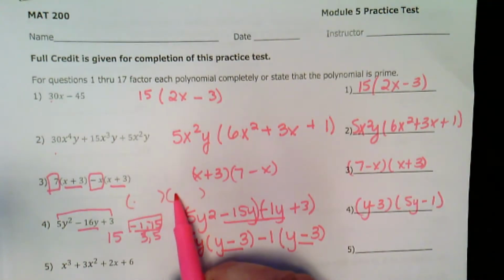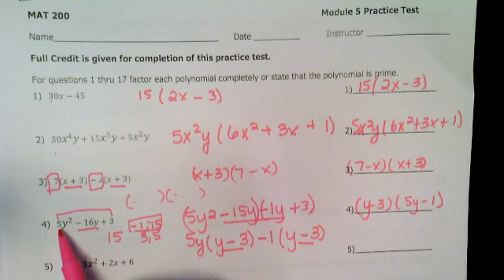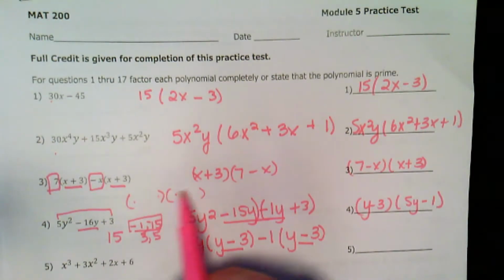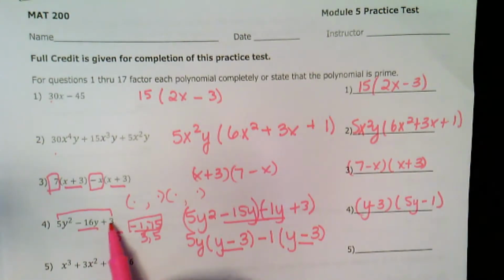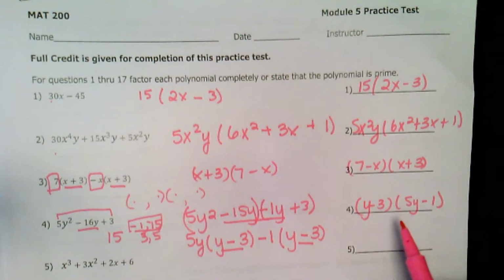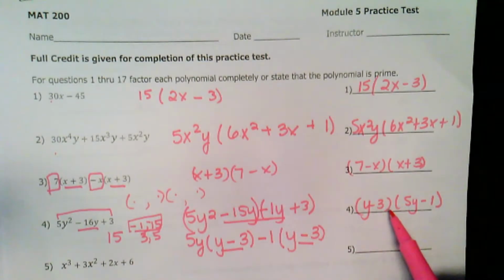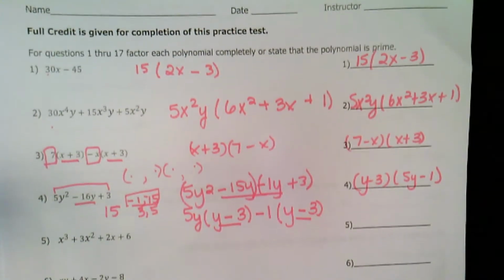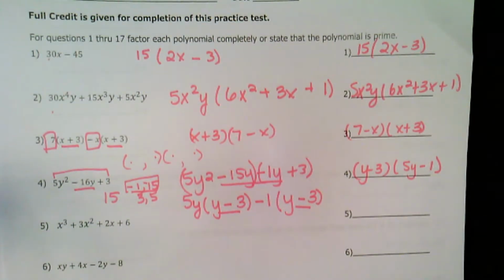You know that the first numbers in those parentheses will equal 5y squared, so you can either write 5y and y, or y and 5y, and then you know your last term here has to multiply together to give you 3, so you're either going to write 1 or 3, or 3 or 1, and then the right combination, you'll have to FOIL it to make sure that you get the correct answer, because it does matter which direction you write them. I don't like the test and guess way. It takes too long for me to test and guess.